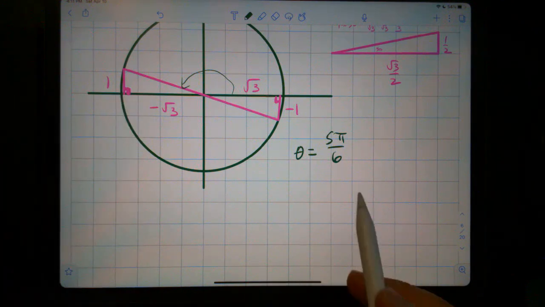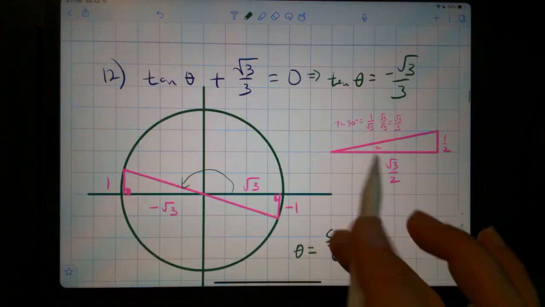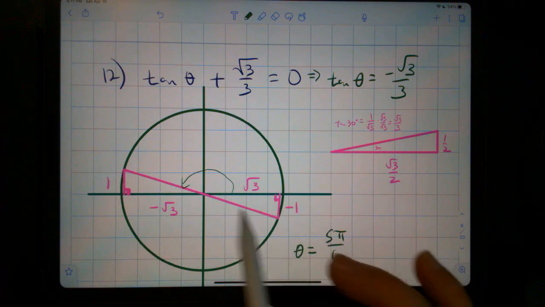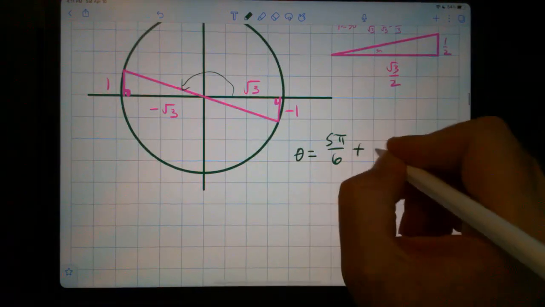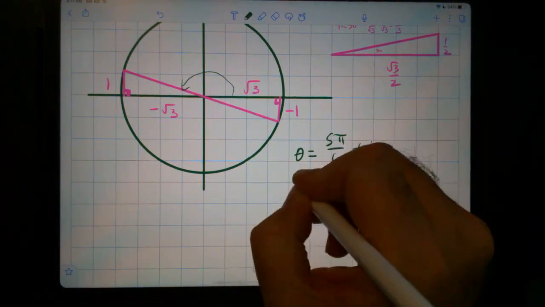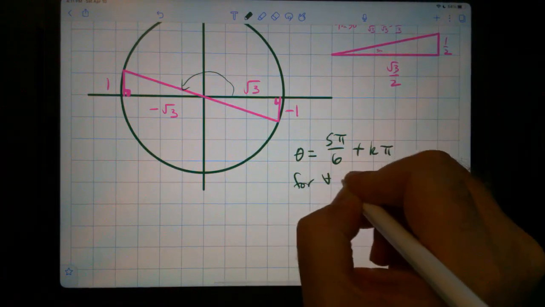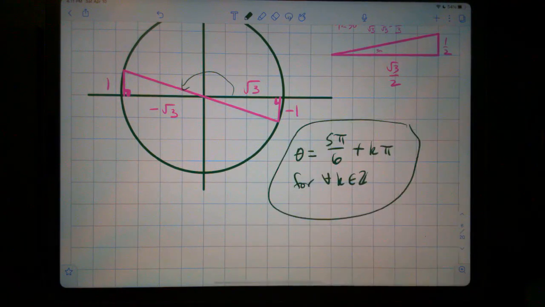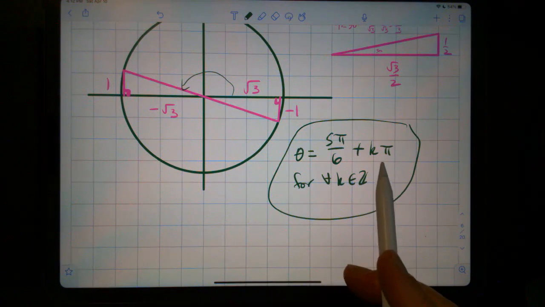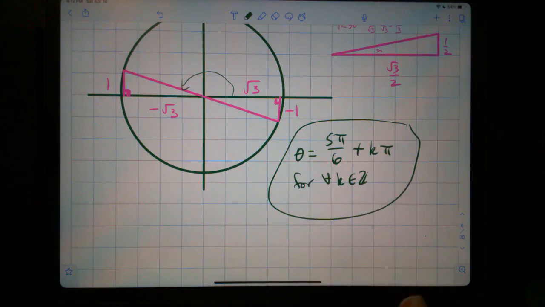So theta is 5 pi over 6, and this is tangent, so it repeats every pi radians. And again, this is for all k in Z because tangent repeats every pi radians.